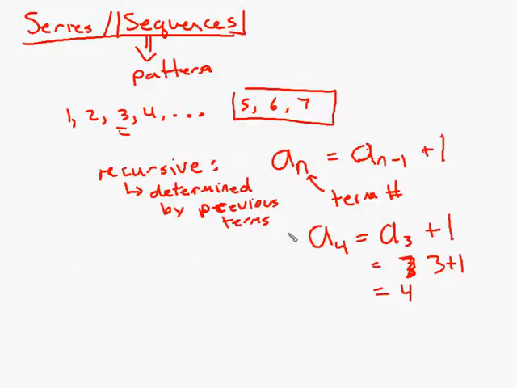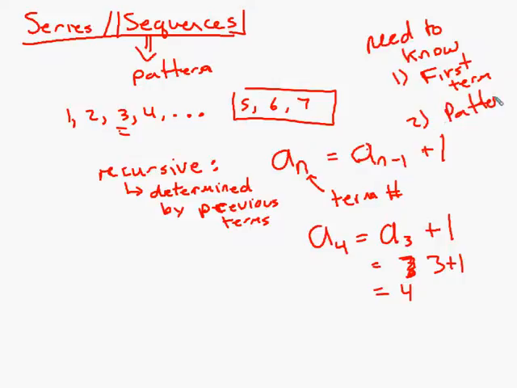So, generally, when we write these, we need to know two things. We need to know, first of all, the first term, whatever that is, and we need to know our pattern, whatever that is. So let's try this one. All right, what would come next? 18 would come next.